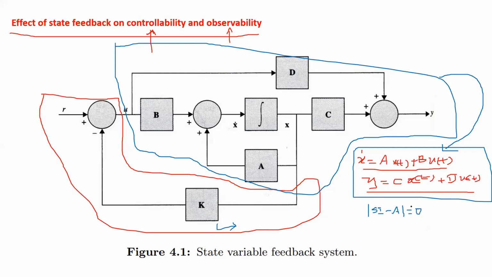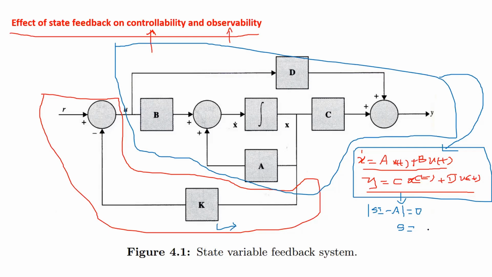This is the characteristic equation. If we get the s values, that means the poles are the eigenvalues. Sometimes we call them eigenvalues, sometimes roots, or sometimes poles.